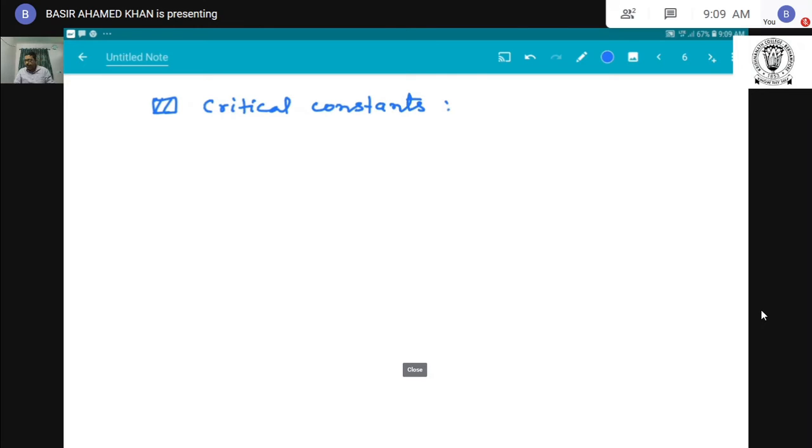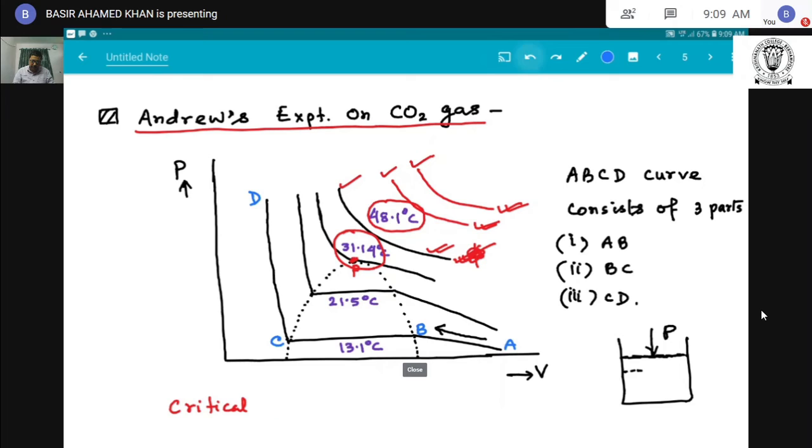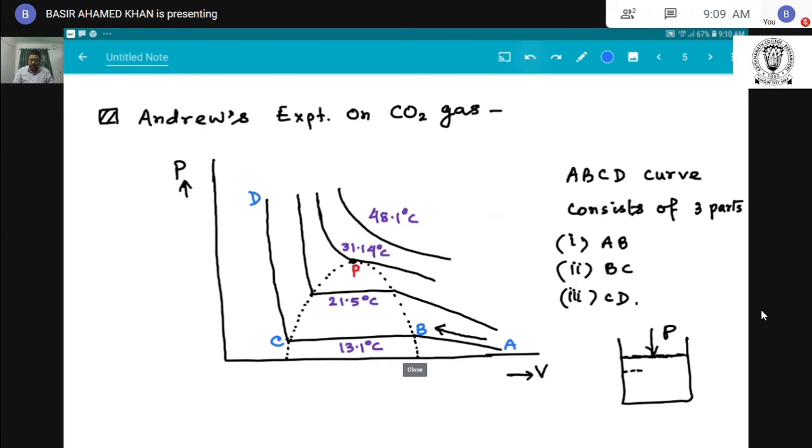The pressure, temperature and volume at the point P are known as the critical pressure, critical temperature and critical volume.